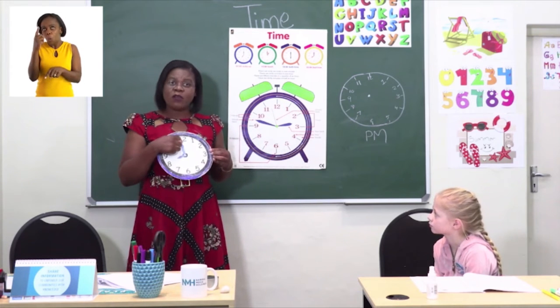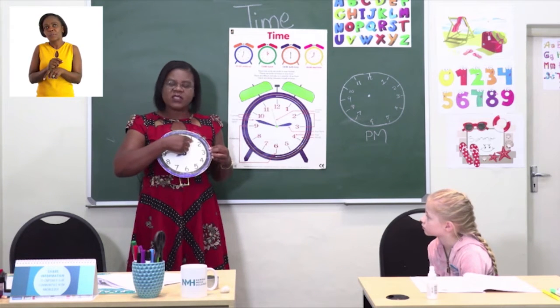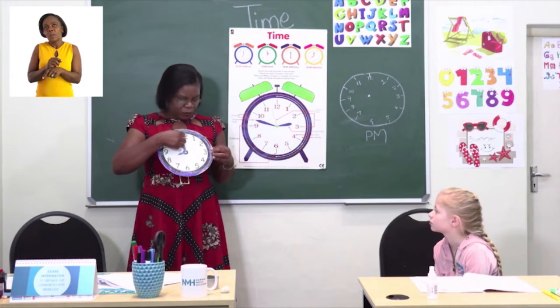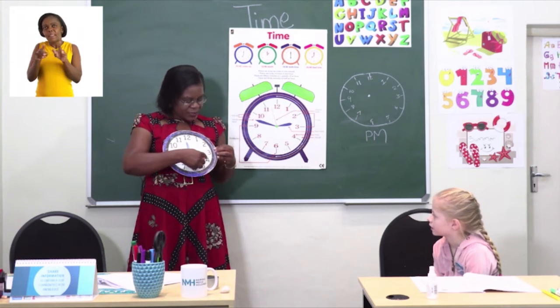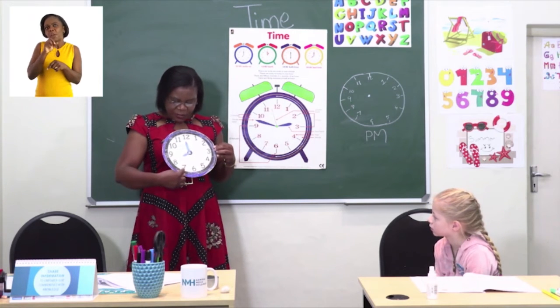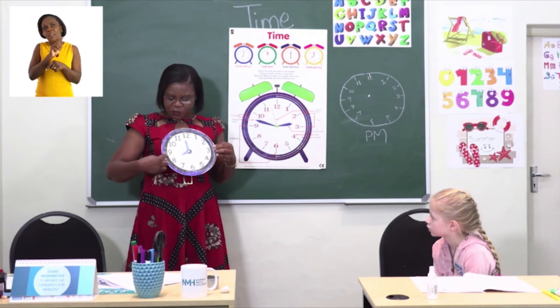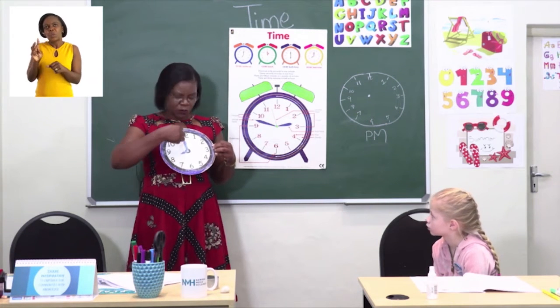Remember, this is 12 o'clock. If you were to say it's in the p.m. and you don't want to use the 1 anymore, you say from 12 we go to 13 hours, 14 hours, 15 hours, 16 hours, 17 hours, 18 hours, 19 hours, 20 hours, 21 hours, 22 hours, 23 hours, and 24 hours.